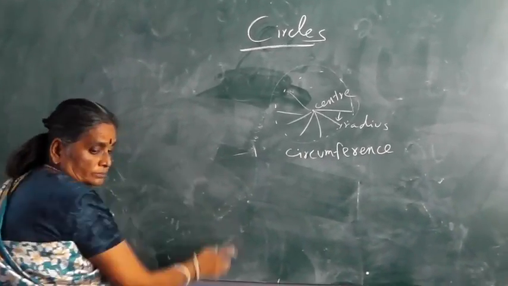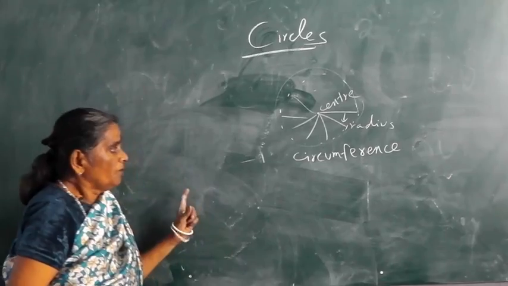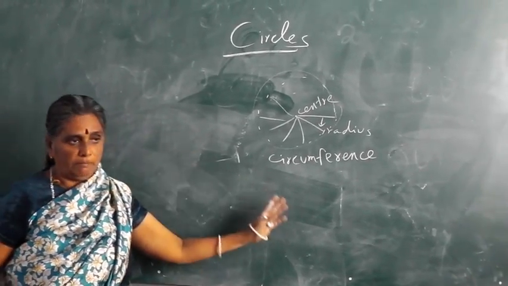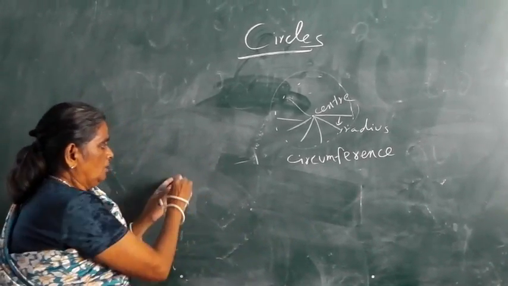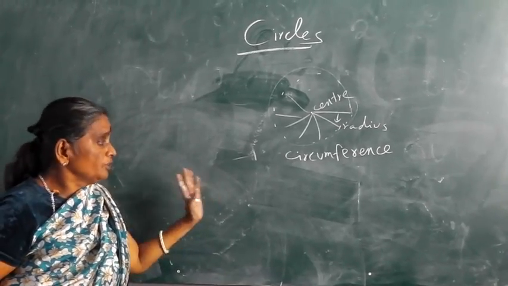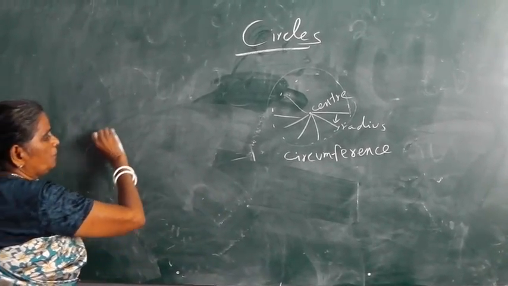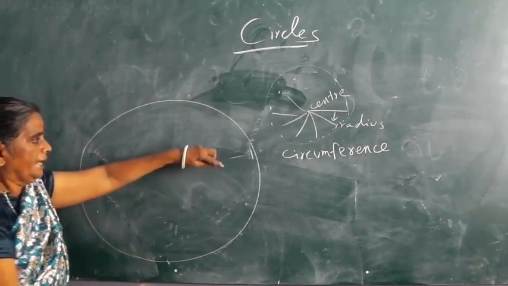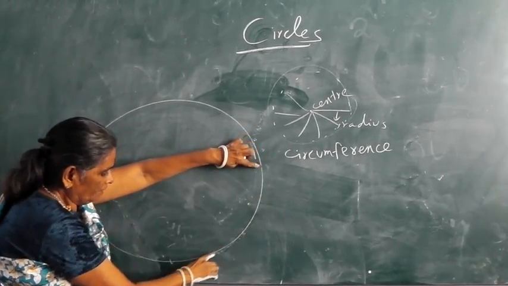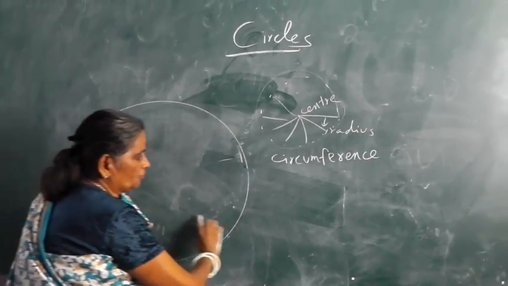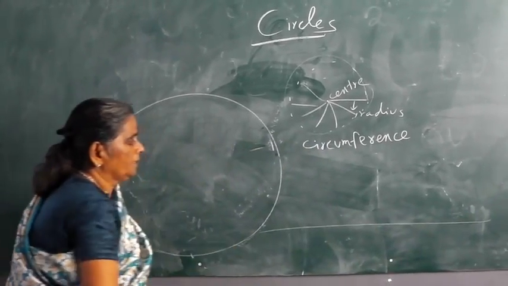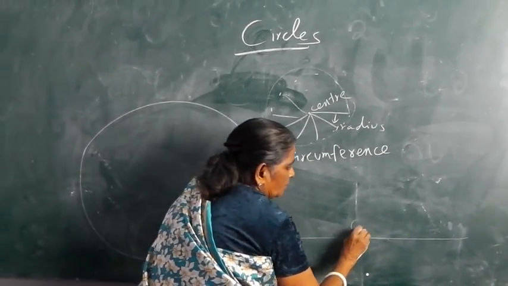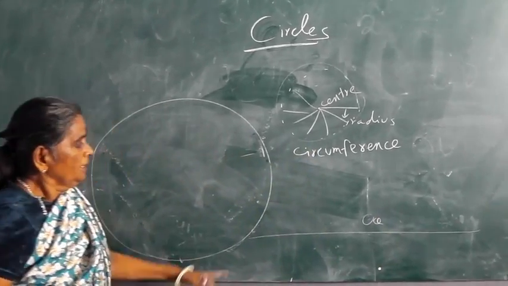Now, whatever the radius of the circle may be, regardless of its length, if you measure the circumference, take a thread, wind it around the circumference, and put it along a graduated ruler, you can find the length of the circumference.